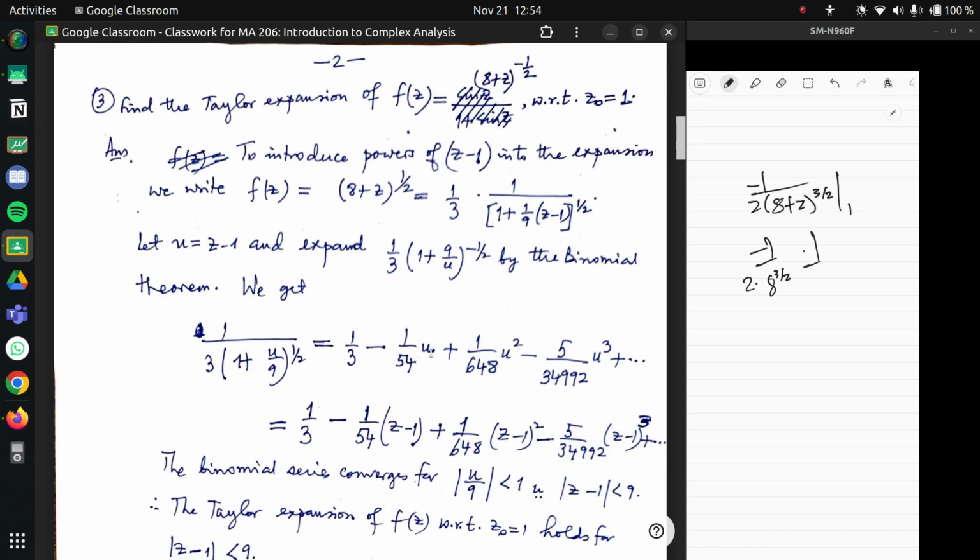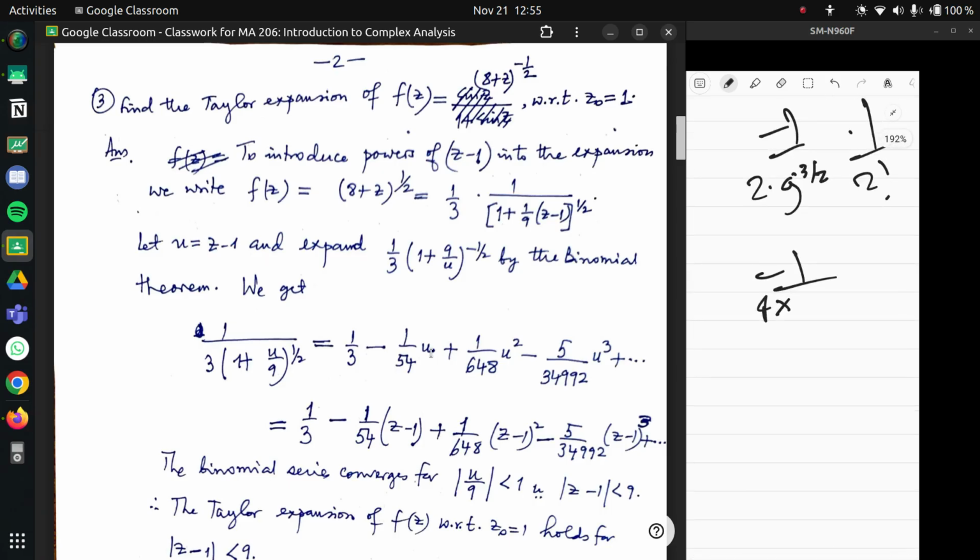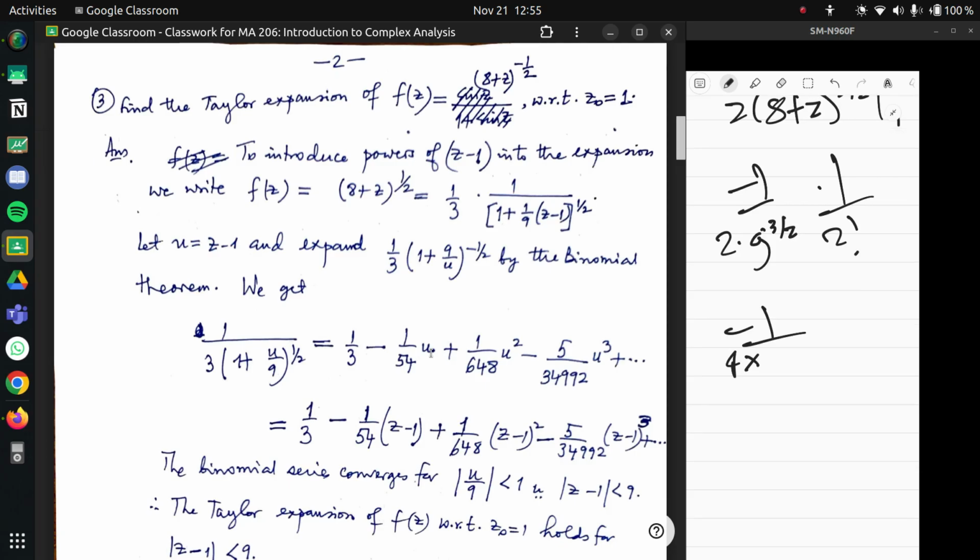Then this is going to be actually having 1 upon 2 factorial. Oh, it's supposed to be 9 power 3 by 2. That's negative 1 upon 4 times 8. What? Why did this happen? Okay. That's 3 cubed, that's 27. Yes, they are right. This is actually just 6 times 9, but why?